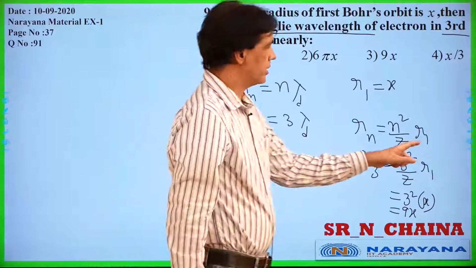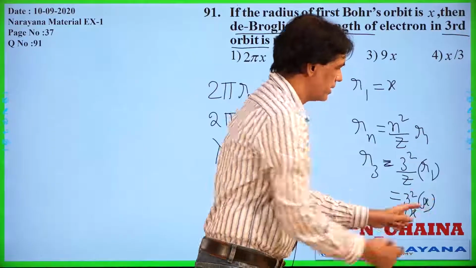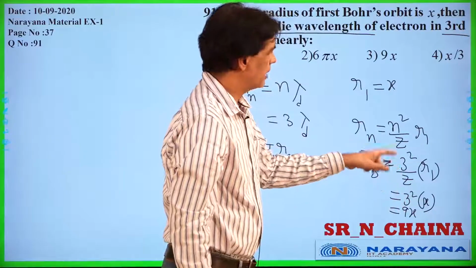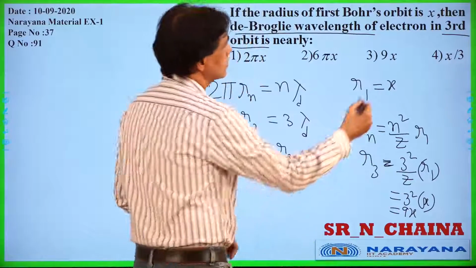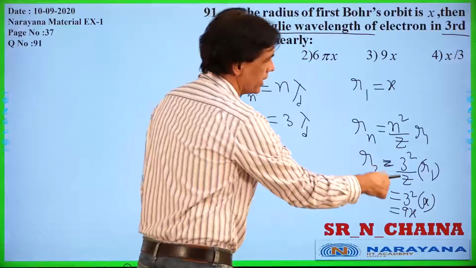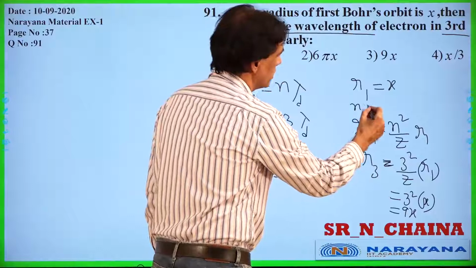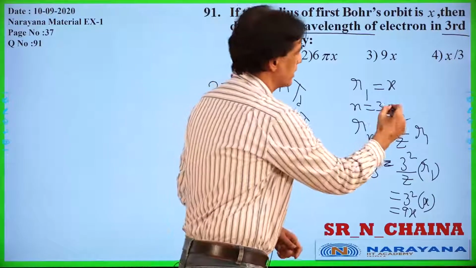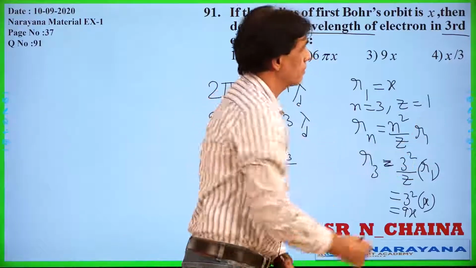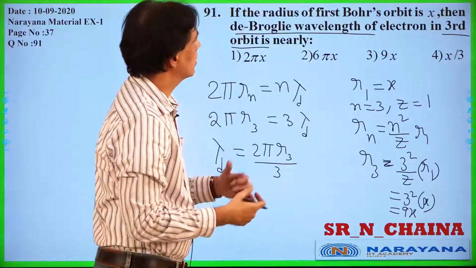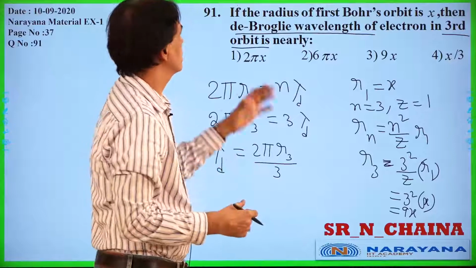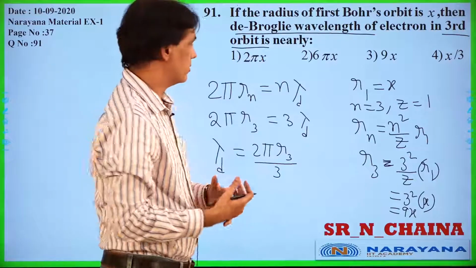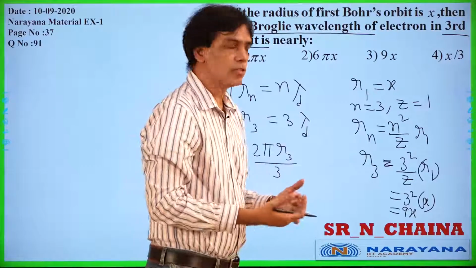Rn is n square by z into R1. This R1 is given as x, and n value is 3 because it is the third orbit. And z is 1, hydrogen atom. The nature of the atom is not mentioned, so we can assume it to be hydrogen.